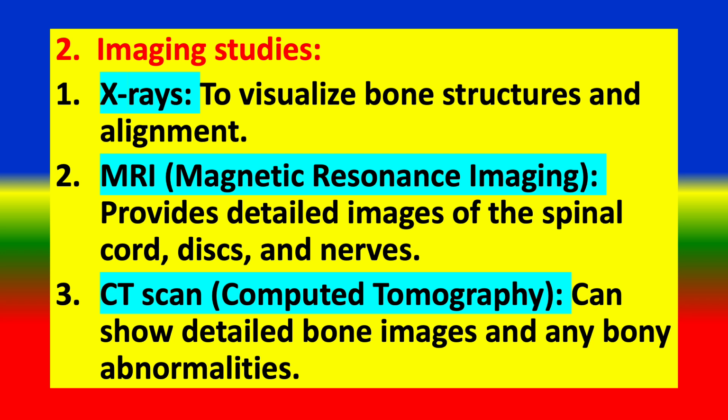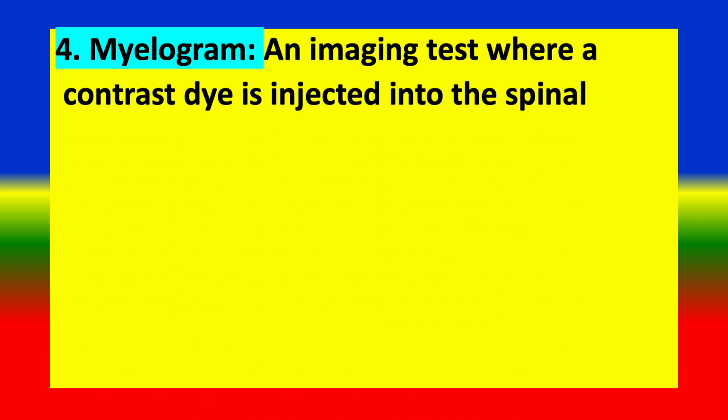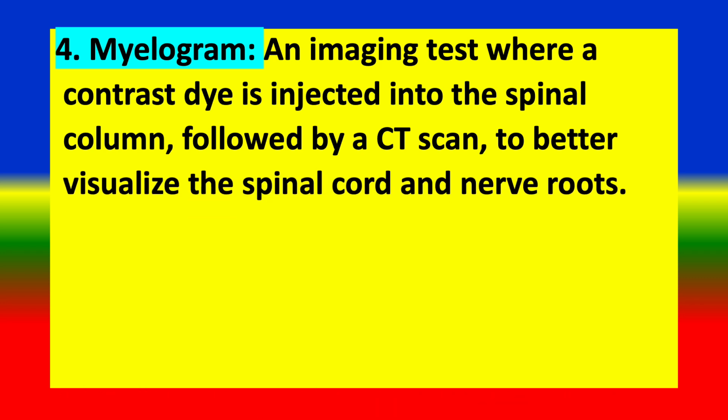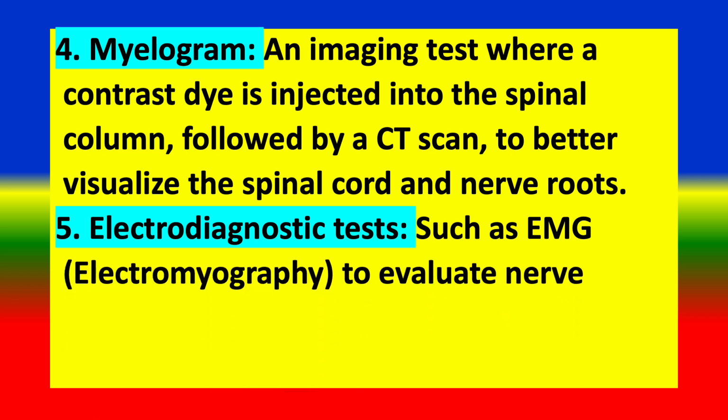CT scan, computed tomography, can show detailed bone images and any bony abnormalities. 4. Myelogram, an imaging test where a contrast dye is injected into the spinal column followed by a CT scan to better visualize the spinal cord and nerve roots. 5. Electrodiagnostic tests such as EMG to evaluate nerve function.